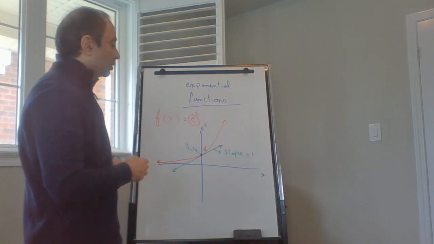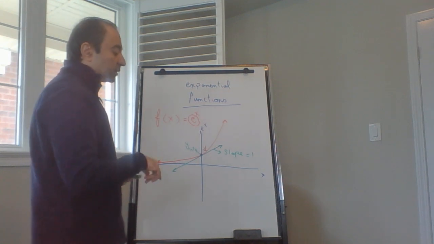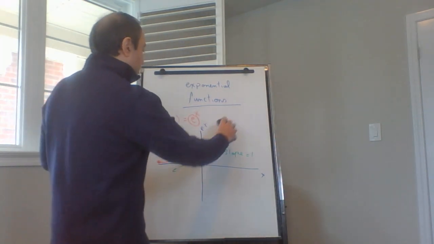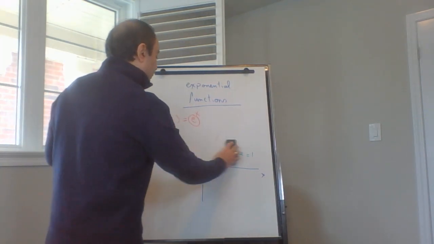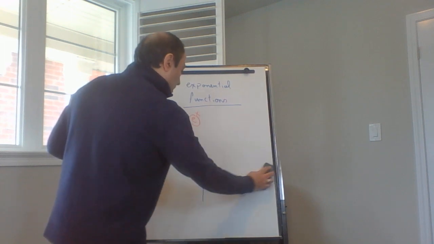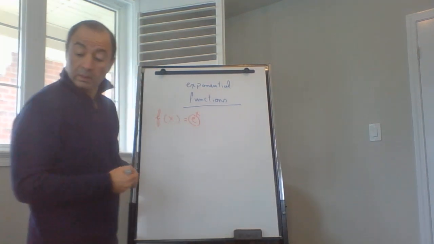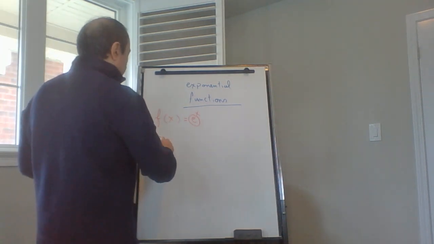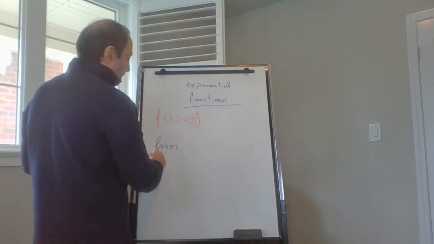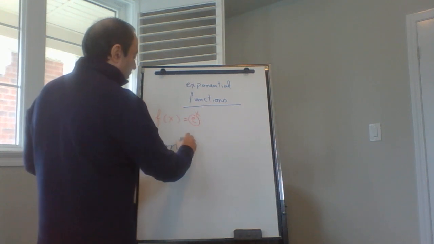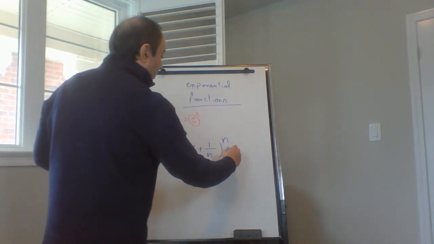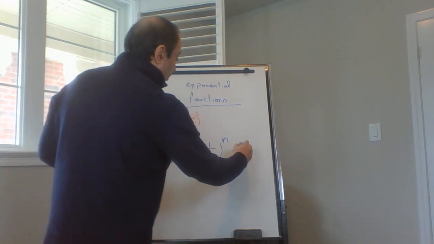I want also to give you another definition using limits. If we write the limit as n goes to infinity of 1 plus 1 over n to the power of n, this is equal to e.